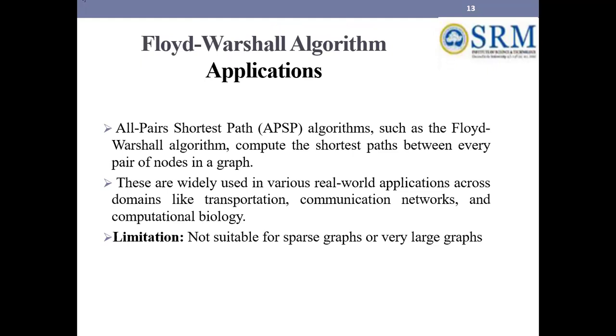And communication networks. In computer networks, we are transferring data from one computer to another computer. There are n number of computers in the network. If you want to transfer data, we can find the router or bridge or gateway that will find the shortest path between two computers i and j.